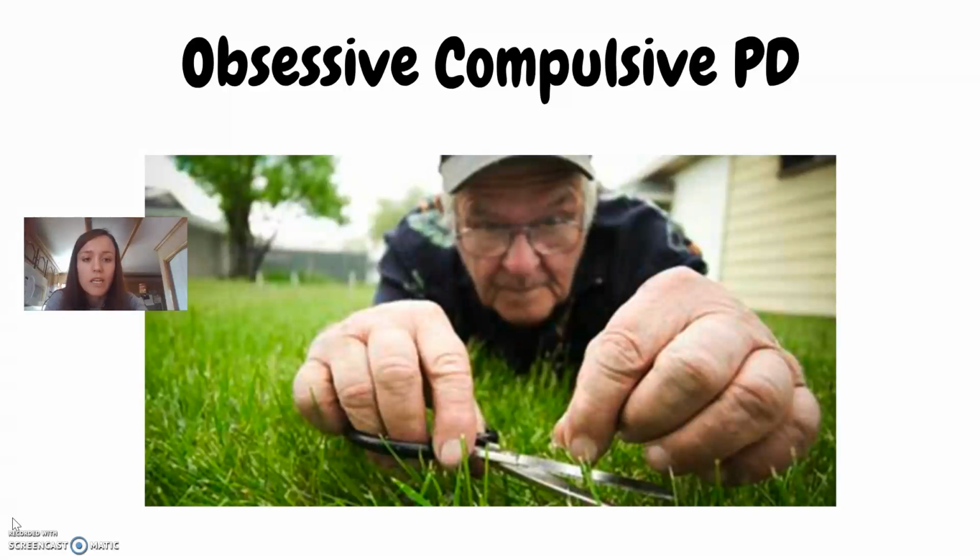OCPD is the characteristics of the personality, where they're very rigid and very perfectionistic. This person is going to have all of the behaviors, the orderliness, being very rigid, very stubborn in certain ways, but they're not going to have the intrusive thoughts that are pushing forward the behaviors.